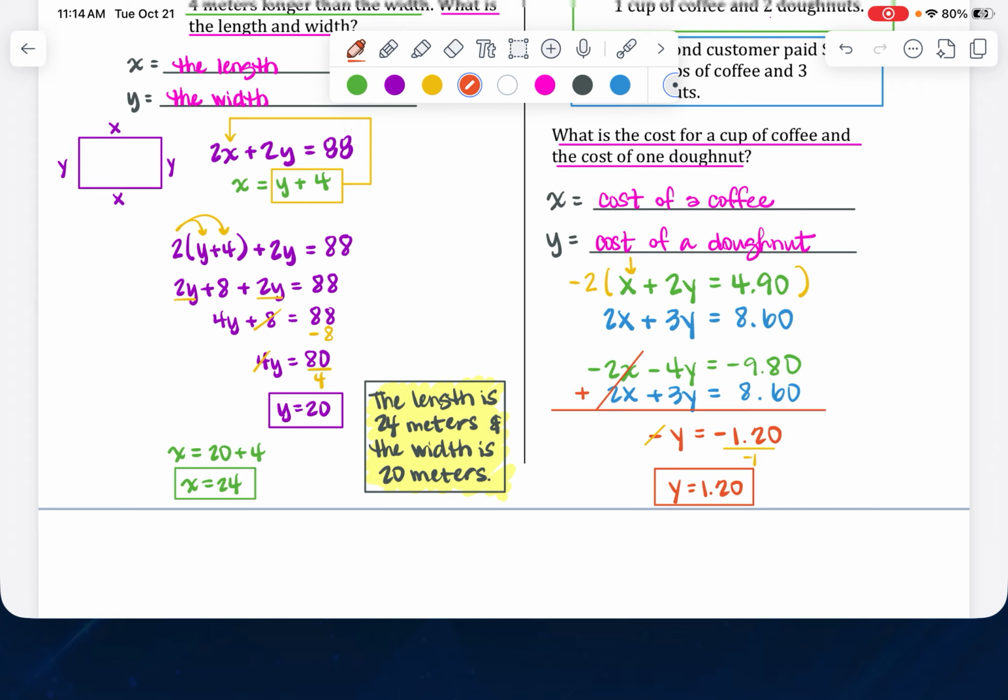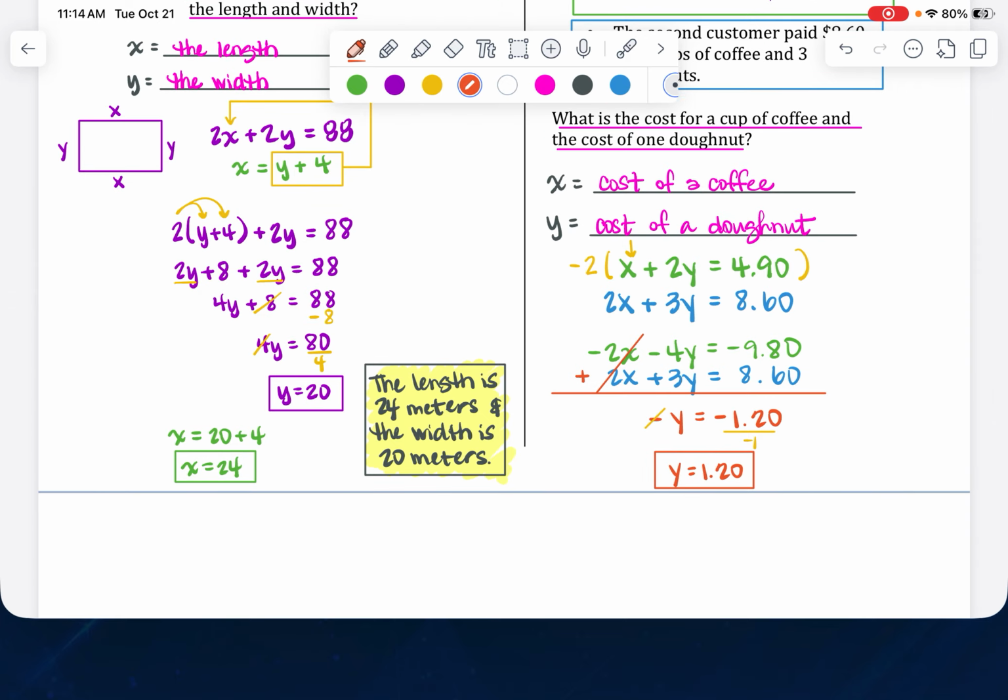All right, and then I need to plug that back in somewhere to solve for x. I'm going to pick the bottom equation, the original guy, because I haven't messed with him a lot. So it's going to give me 2x plus 3 times $1.20 equals $8.60. Sorry, I'm kind of cramming that in.